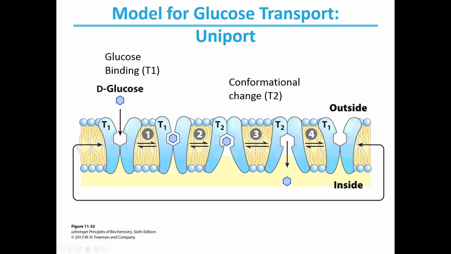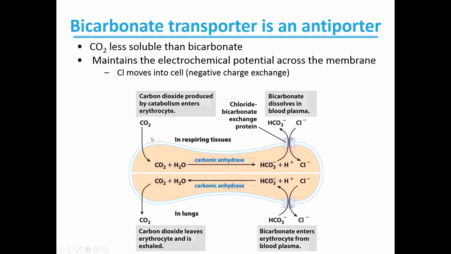That moves the glucose now to where it can move into the cell. When the glucose lets go, we get a conformational change back to the original structure. The entire time this cycle is occurring, hydrophobic residues are still on the outside and hydrophilic residues are on the inside. So that was a uniport.